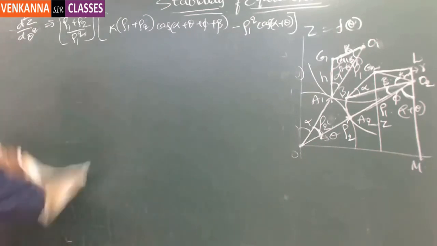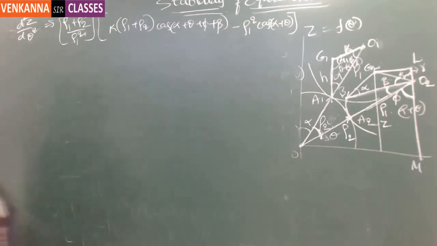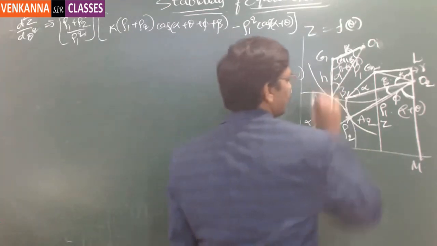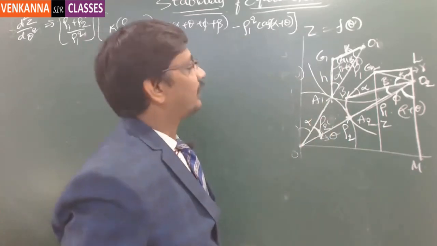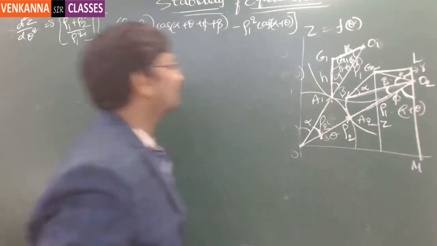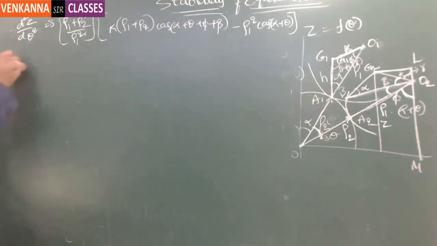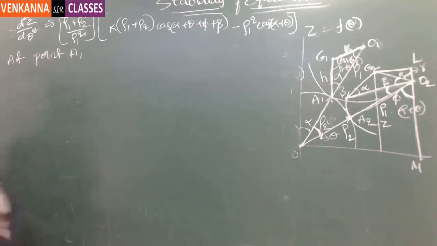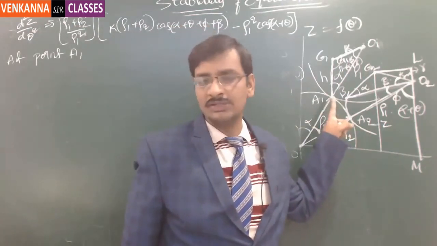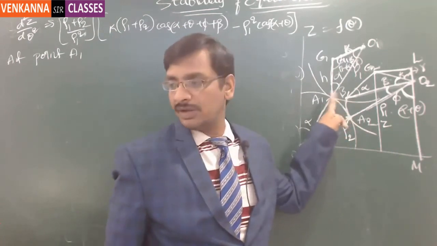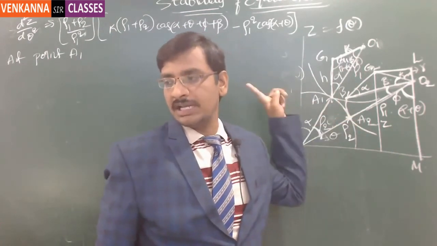So we wanted to identify the stability of equilibrium at point A1, at this location. So at this location, what are the values of theta and phi? At point A1, because actually we are trying to test the stability of equilibrium at point A1 only. So to express it as a function of theta, we have given the little displacement and tried expressing it.